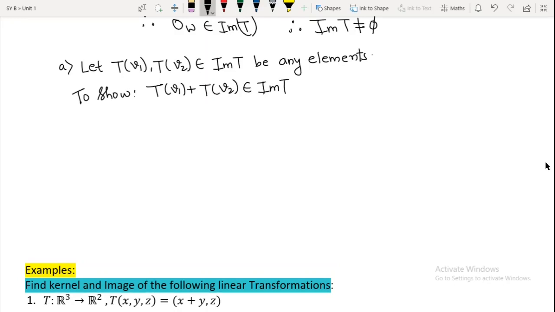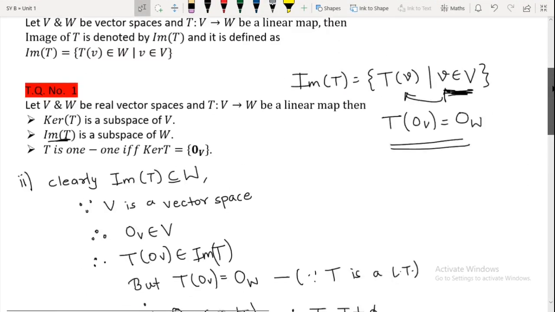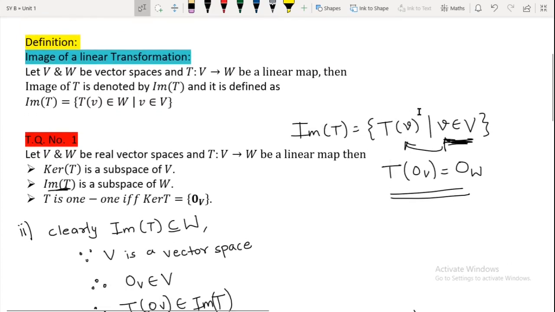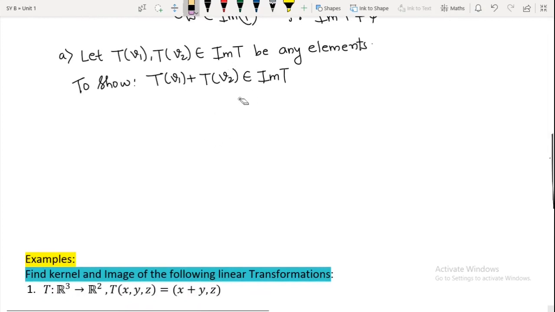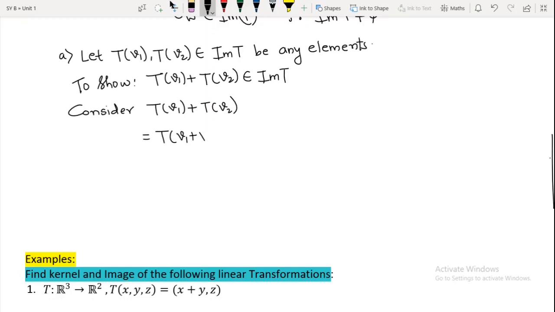Now just note one thing: this element, T of V1 plus T of V2, will belong to image of T if we are able to show that it is of the form T of some element of V. So I will consider T of V1 plus T of V2, which is equal to T of V1 plus V2, since T is a linear transformation, right?